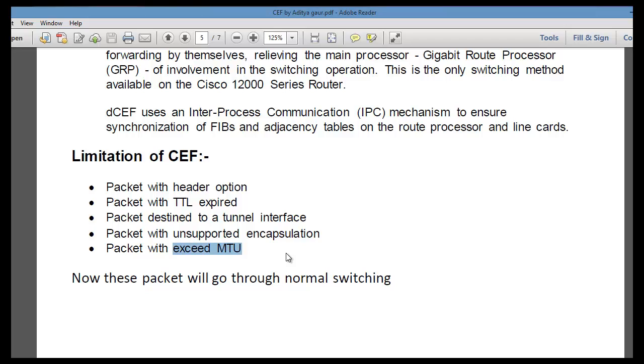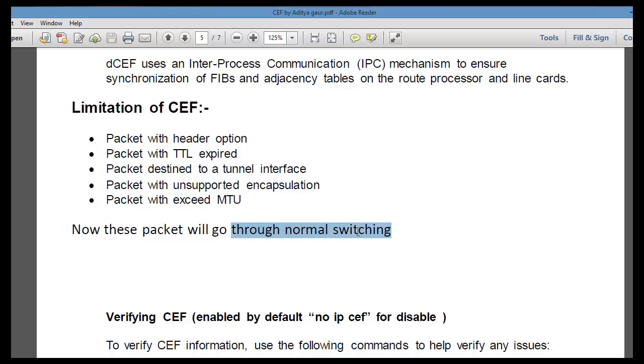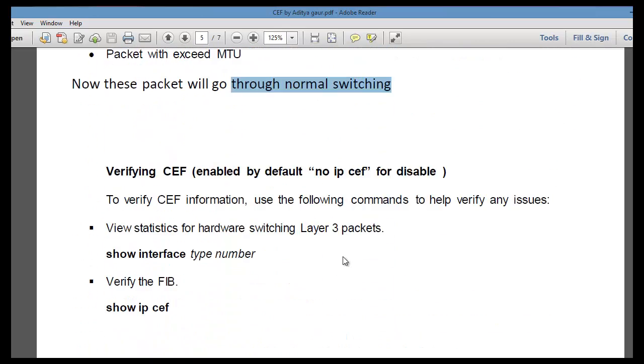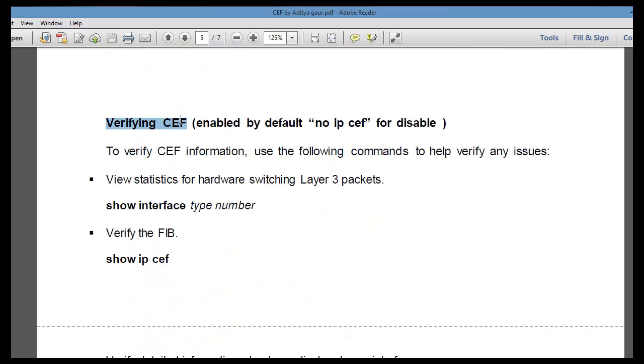At that time CEF does not work, and normal switching takes place. Great. Verifying CEF: it is enabled by default on Cisco devices which have that hardware facility we are talking about. You can disable it using the no ip cef global command.